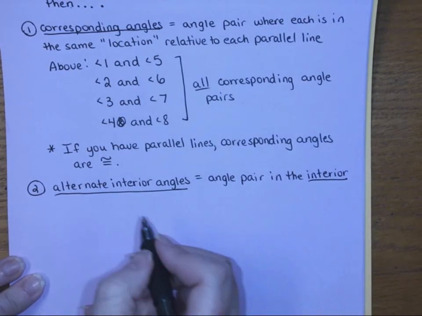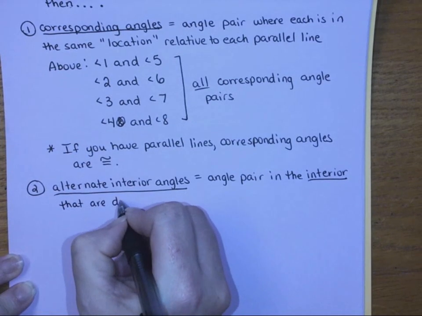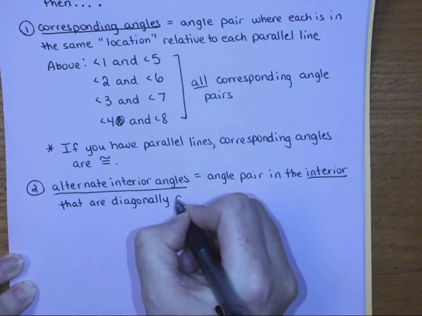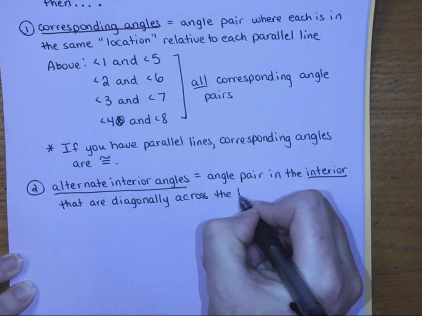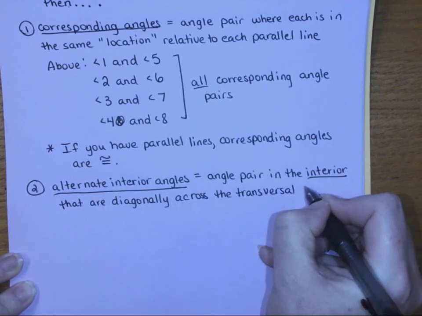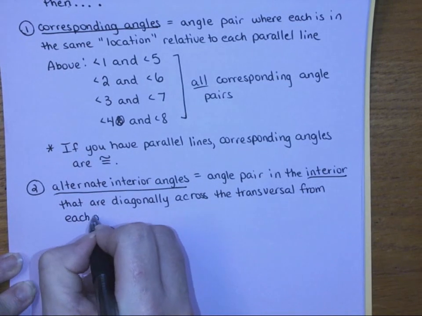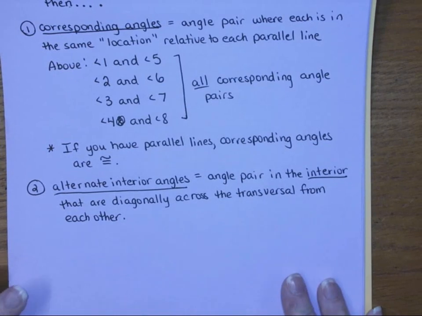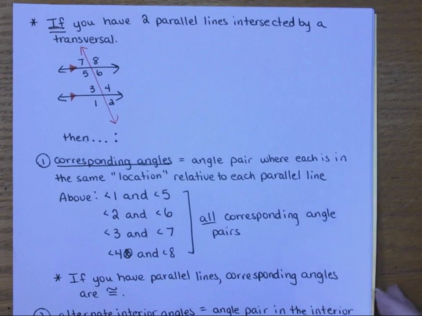So, an angle pair in the interior that are diagonally across the transversal from each other. Okay, so I'm not really able to show the picture on screen all the time, but I'm still referring back to this picture up here.